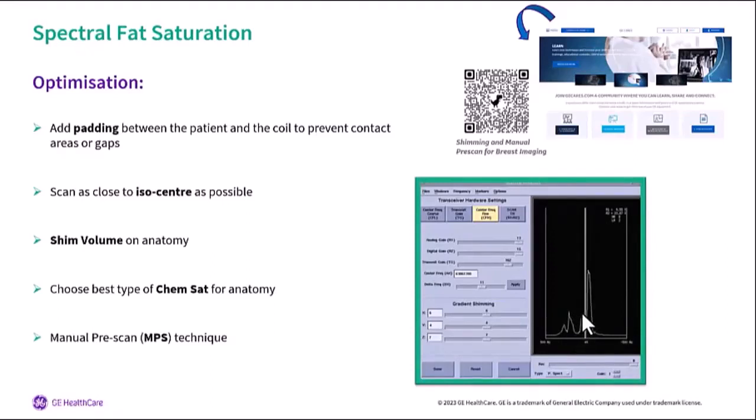The peak in the middle is the fat. And because we have silicon present in this image, the third peak on the right is the silicon. So if we didn't have silicon in the image, all we would have would be the water peak and the fat peak. And then we would be able to drag the line into the center frequency we want and apply.